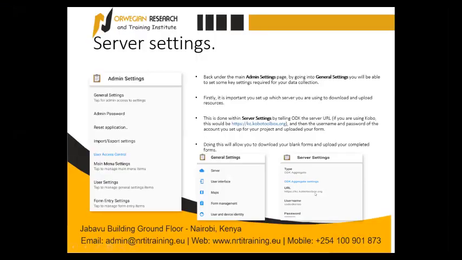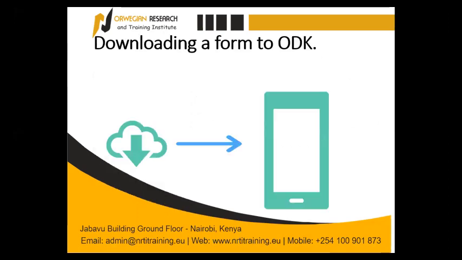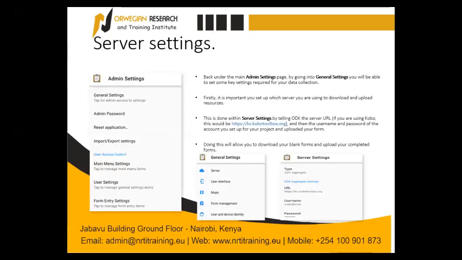Okay, can everybody see this one? Server settings. Yes, now go under there and open it. We have URL, username, and password. Click on the URL. I think yours is written HTTPS open data kit, .appspot.